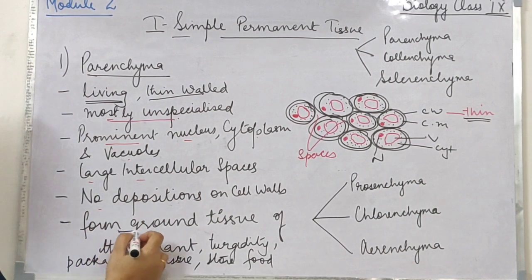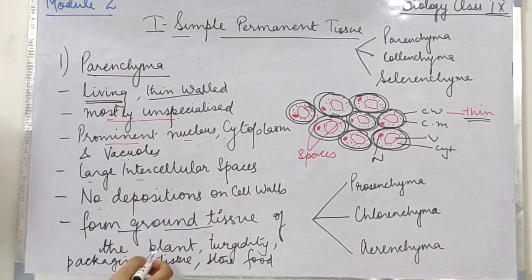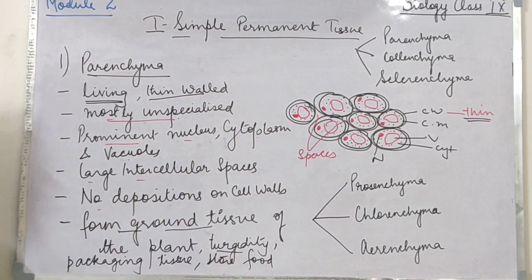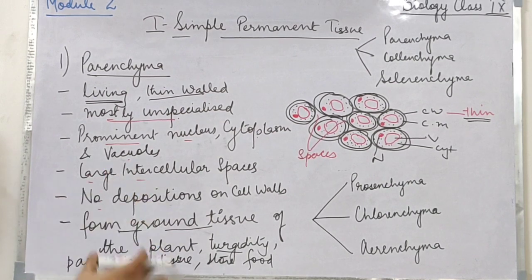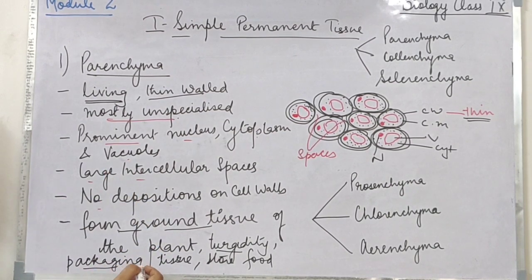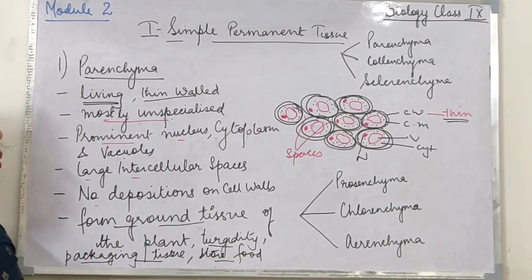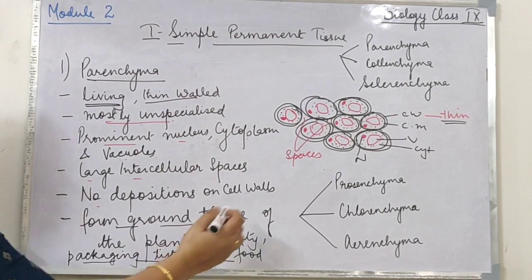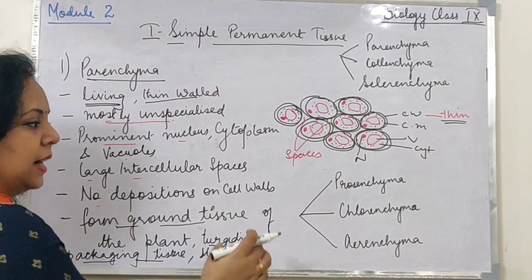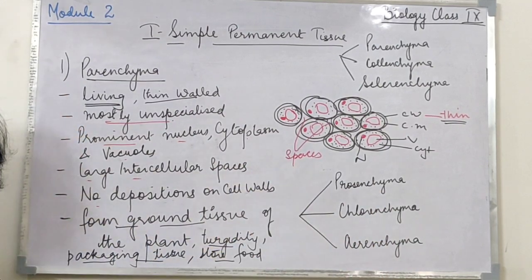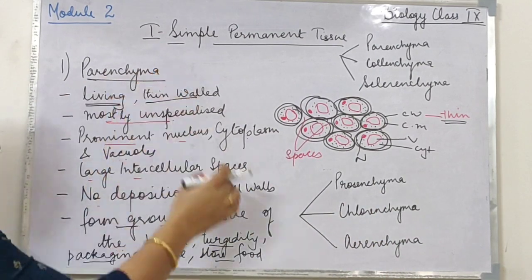Now, as I told you, it forms the ground tissue of the plants, and because it has a prominent vacuole, it provides turgidity and a bit of shape to the plant. It also acts as a packaging tissue. It is filled everywhere and it stores food also. So children, we need to study these three forms of parenchyma.